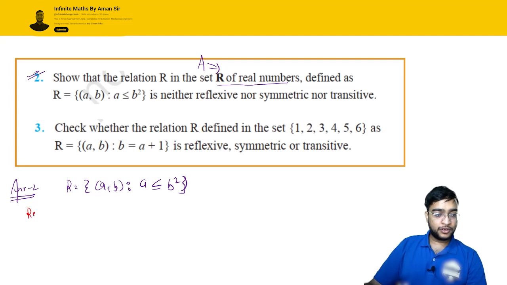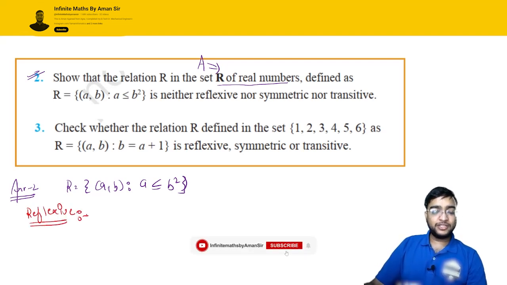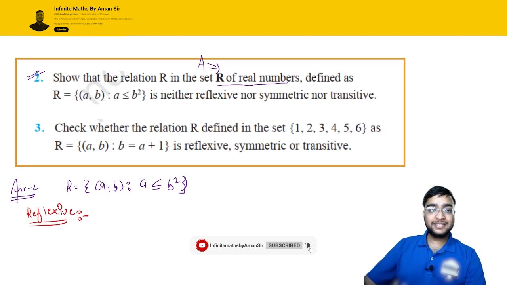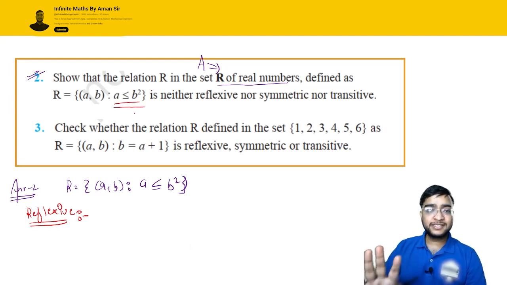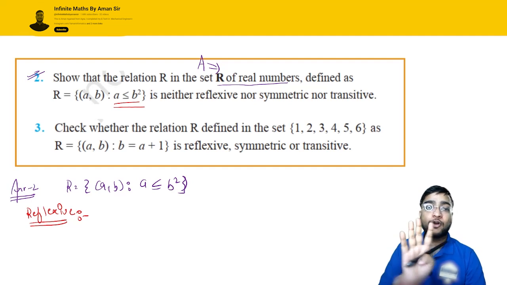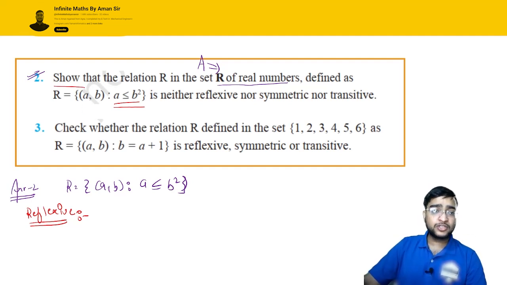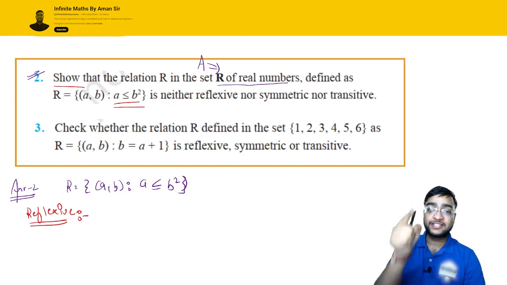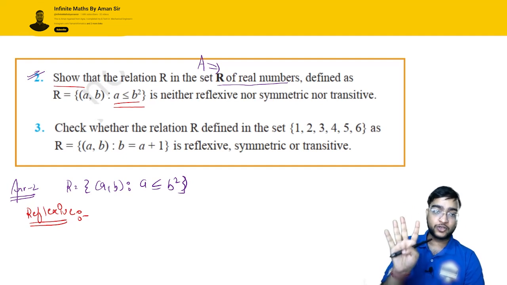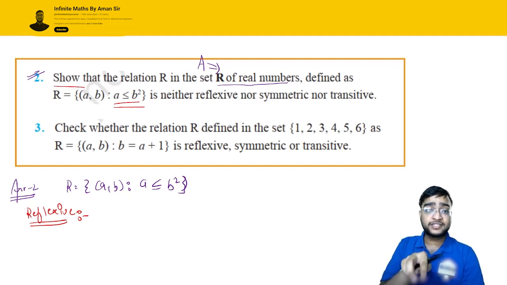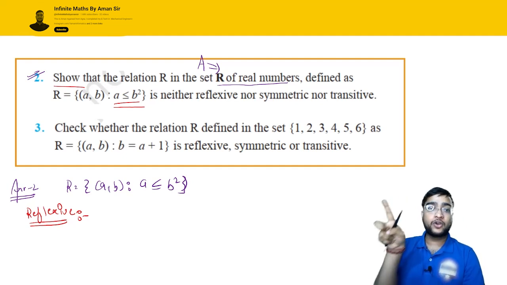For the reflexive one, I can say a less than b square. I am giving examples that are in a false condition, and you just show that. Showing that it is not symmetric is not a necessary condition here, because you do not have to find the conditions, you only show that this actual relation is not reflexive, not symmetric, not transitive.